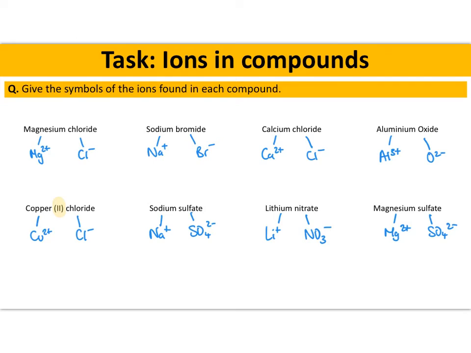So the next thing it would be a good idea for us to do is to determine the overall formula of these compounds based on these ions and their charges. So again, I want you to pause the video. I want you to write on the paper what you think the full formula for magnesium chloride is, for sodium bromide, for calcium chloride, etc. And then you can compare your answers with mine.